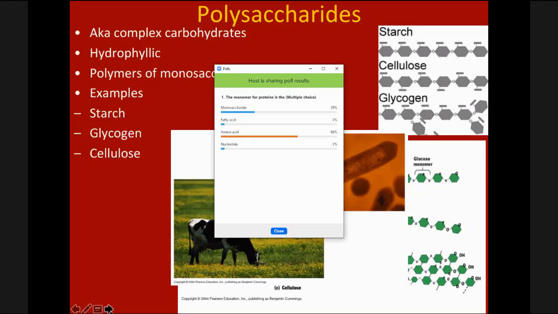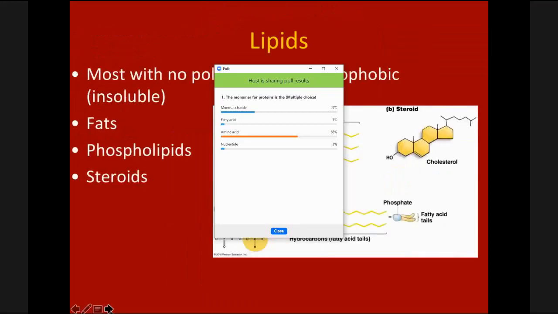So we talked about how our polysaccharides are really important storage molecules or structural molecules. If you're talking about cellulose, plants use it to gain rigidity to their tissues. And we'll talk about that a little bit more as we start learning about cells, hopefully at least a little today.